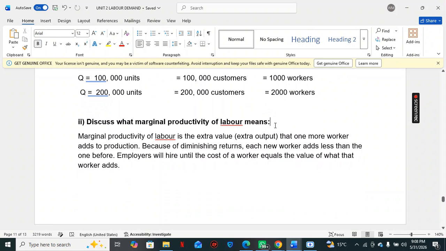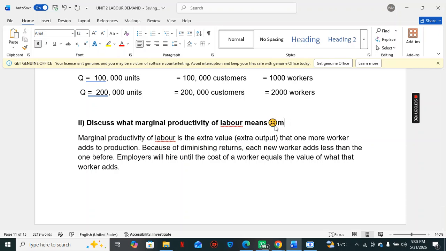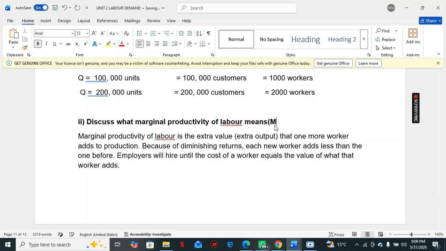All right. Now we're going to talk about marginal product of labor, MPL. Marginal product of labor is just the extra output each worker brings in. That is the marginal product of labor: the extra output that one more worker adds to production.